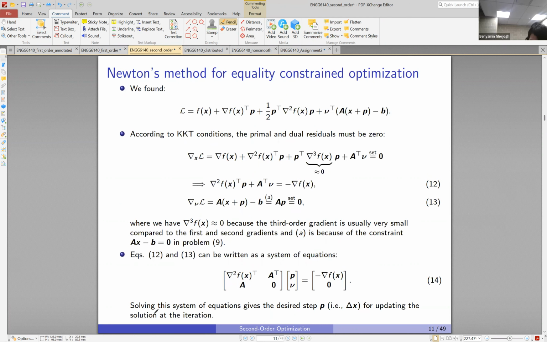We worked it through using the KKT conditions that we discussed, and we came up with this. So it's a system of linear equations. Using that, we can find P, which is delta x in the update of Newton's method. So we can handle equality constraints in Newton's method.